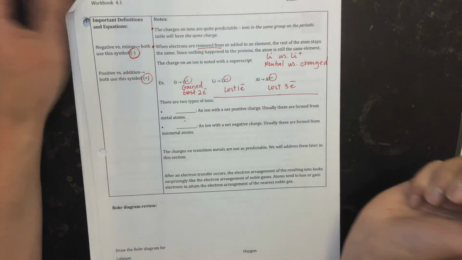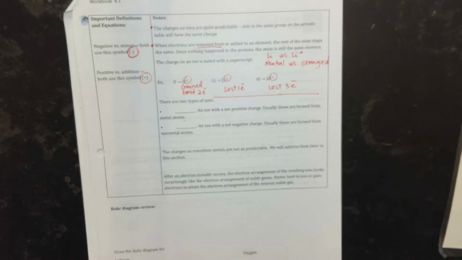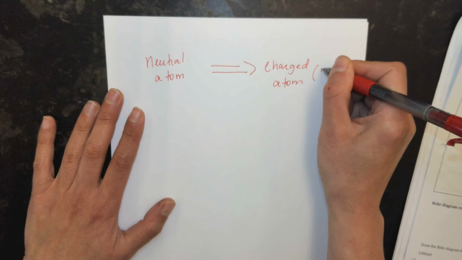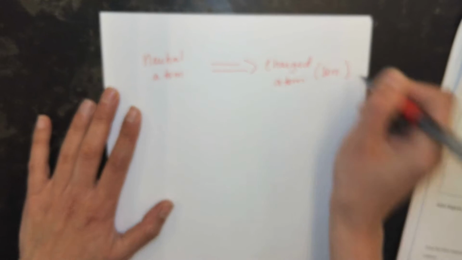Okay, so let's take a look at this a little more closely. So let's just use a blank piece of paper for this. So you have a neutral atom. Okay. And you have a charged atom, where instead of saying charged atom, let's begin calling them ions or ion.